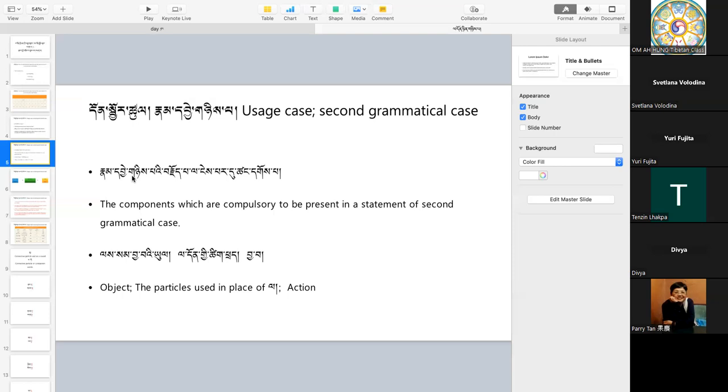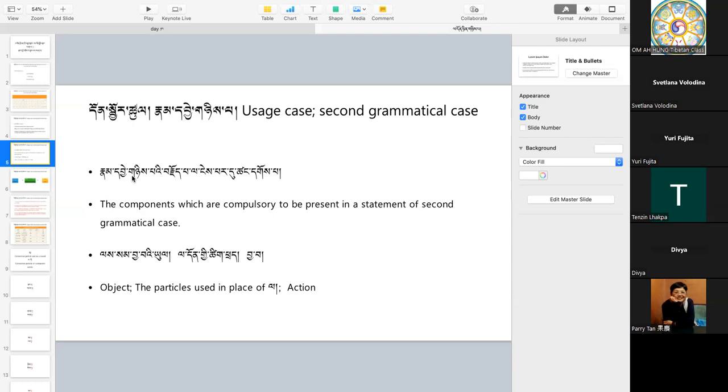So these are the 3 compulsory key components. Sometimes these may be hidden. What I mean by hidden is they may not be stated directly in a sentence, but as a reference from a statement before the sentence. In those cases, it's okay, because we are still referring to an object.